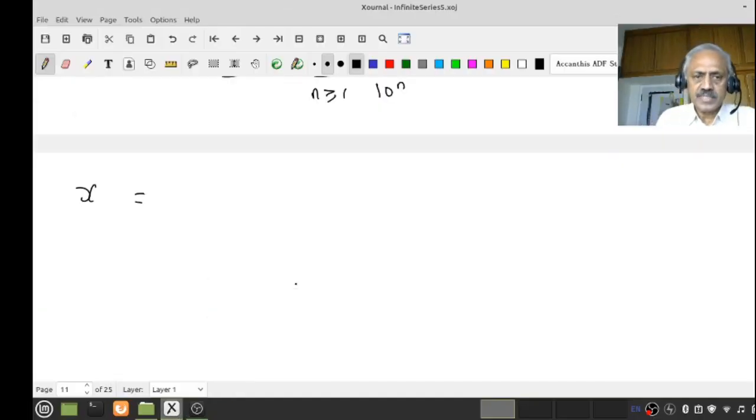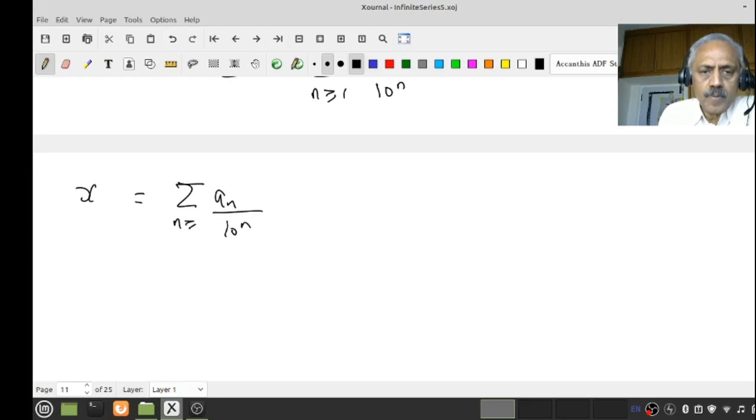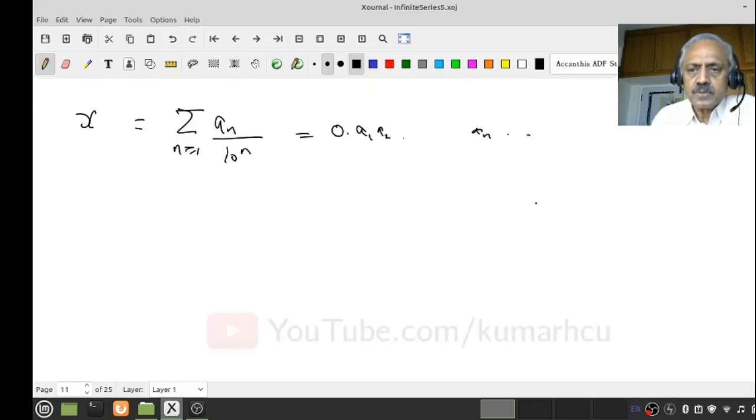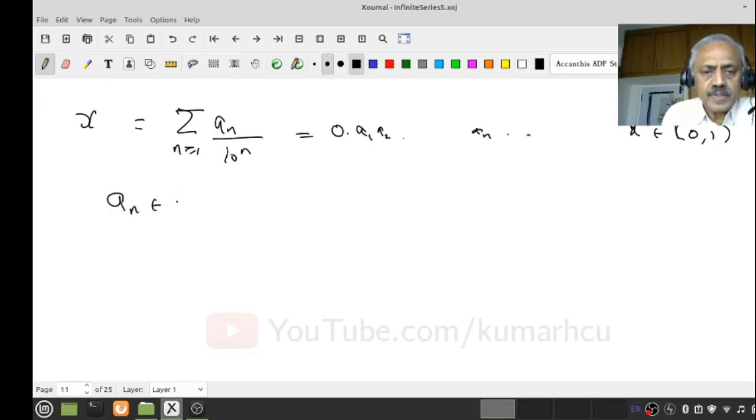So let us start with x. Let's assume that it is the same as saying a. Now x is where? X lies in (0,1). And what do I know about a_n? a_n lies in {0,...,9}, right?